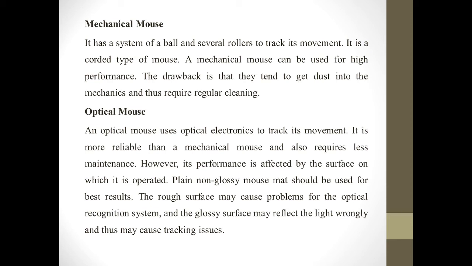A plain, non-glossy mouse mat should be used for the best result. A rough surface may cause problems for the optical recognition system, and a glossy surface may reflect the light wrongly and thus may cause tracking issues.